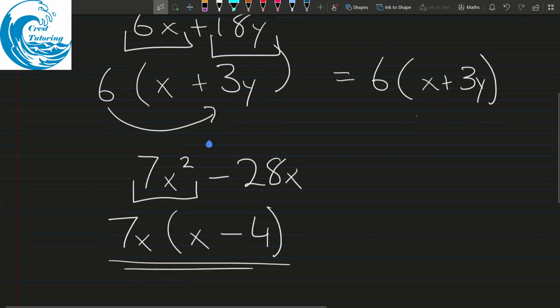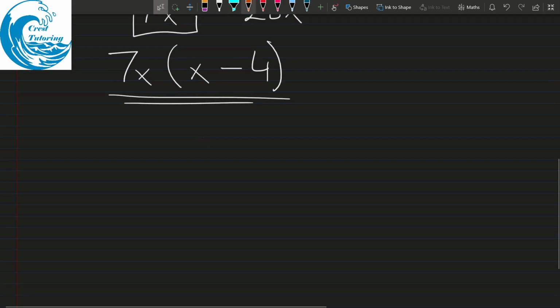Okay, so then the next thing is factorizing by grouping.